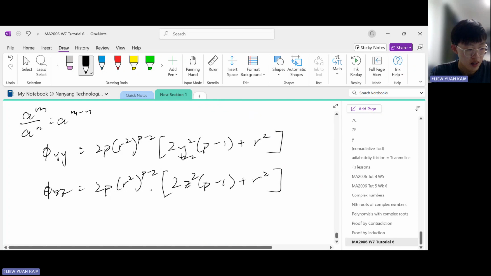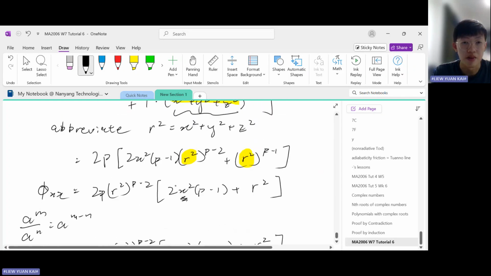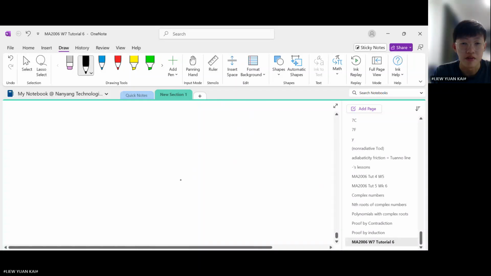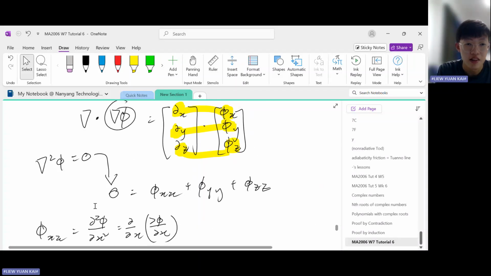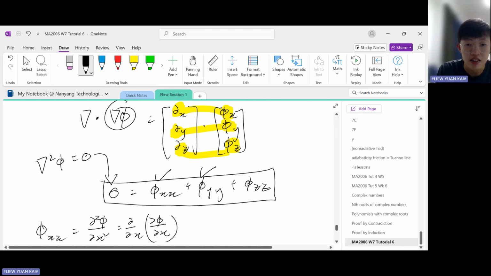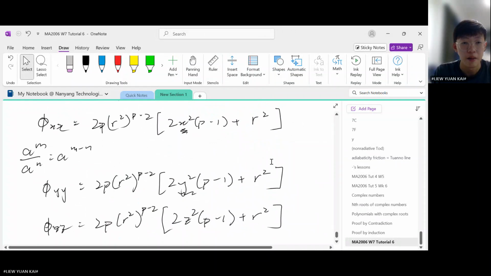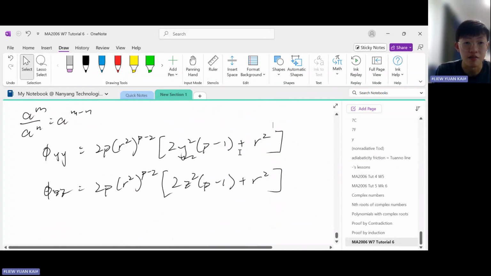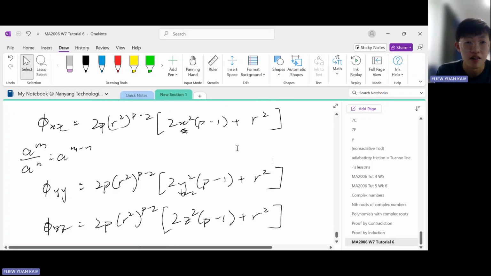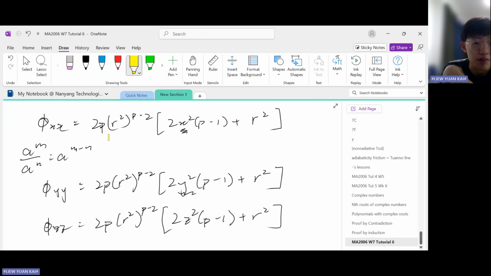Okay, so now what do we do? Remember, we say that this is equal to 0, and we just found this, this, and this, so we need to substitute them. We add these three terms up and then equate them to 0. Let's take a look at these double derivatives. Notice that they have a common factor.